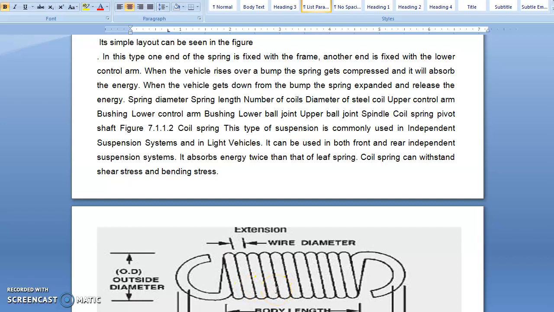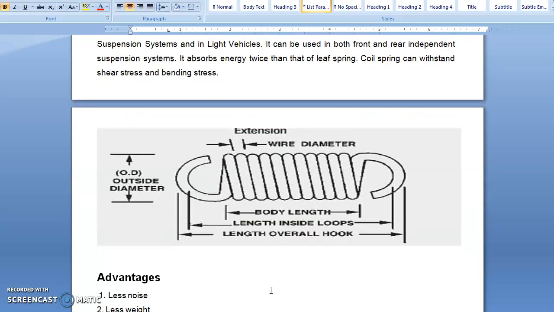The coil spring is used particularly in light vehicles. It can be used in both front and rear independent suspension systems. It absorbs twice the energy of the leaf spring. A coil spring can withstand shear stress and also bending stress.